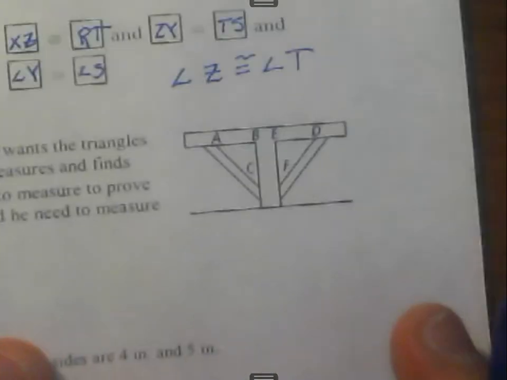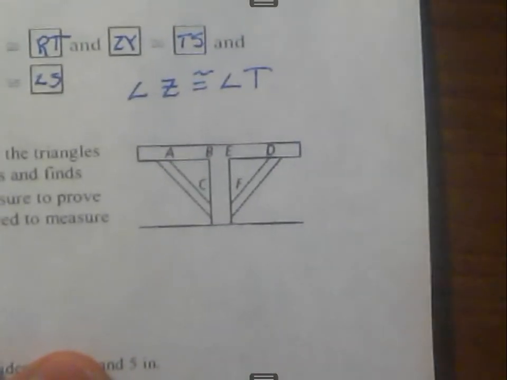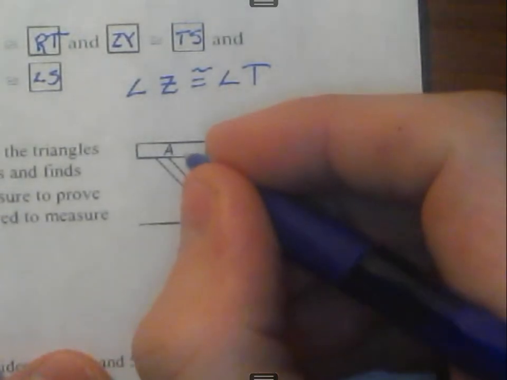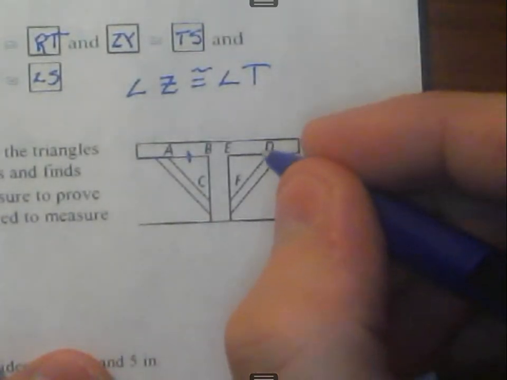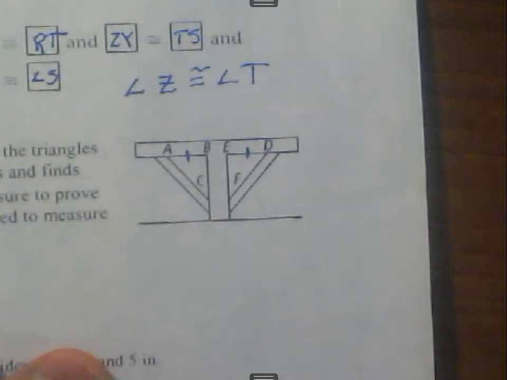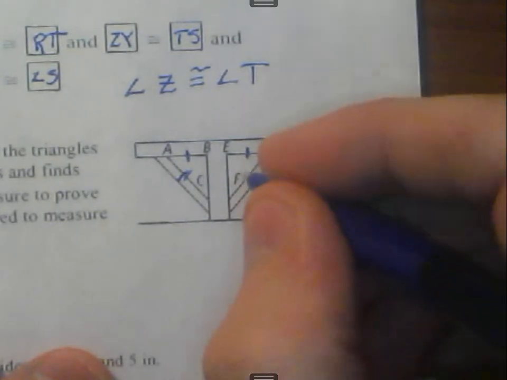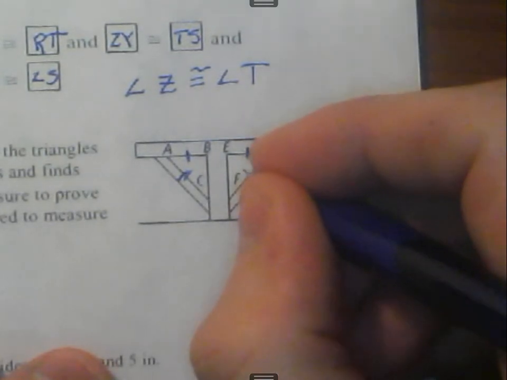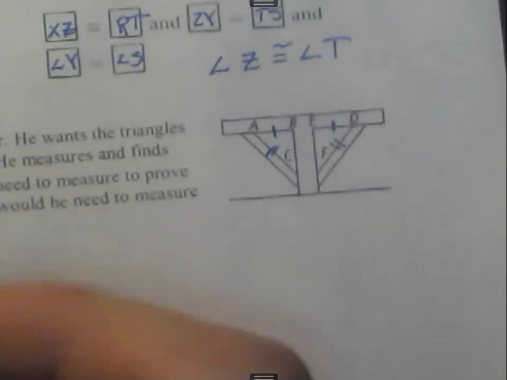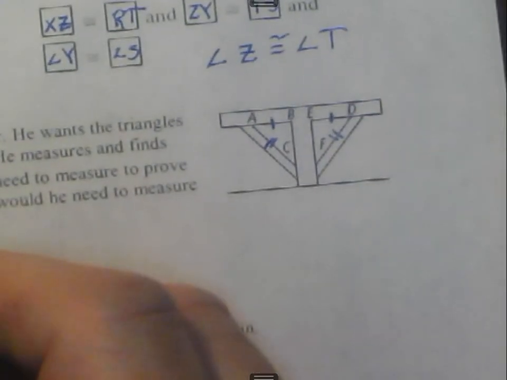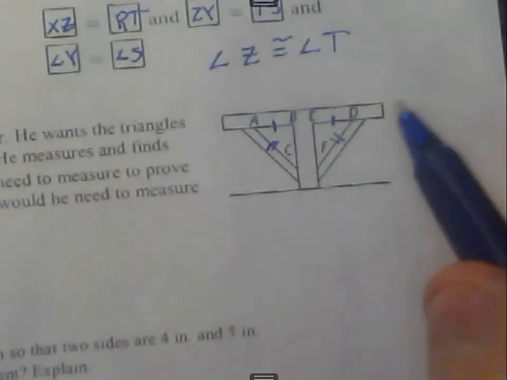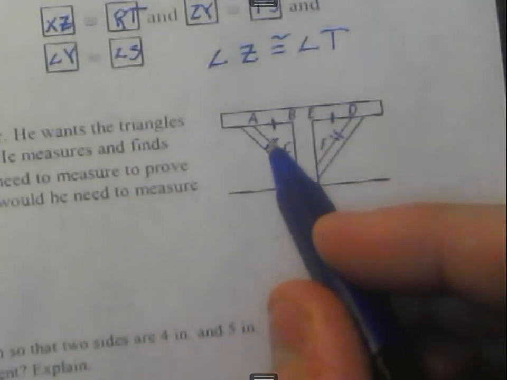So the first thing I like to do is I like to mark what I know. So I know that AB is congruent to DE. I also know that AC is congruent to DF. So in order to do side angle side, I would have to know the angle between these two sides.